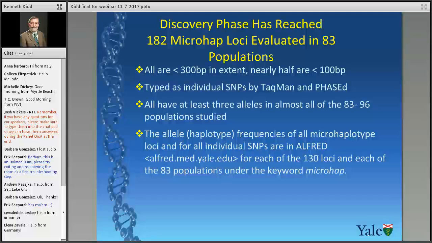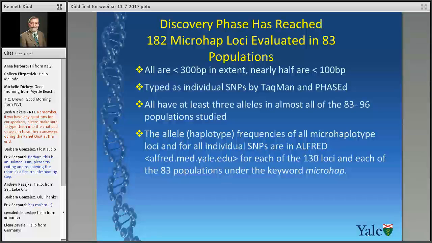We have typed them and phased them statistically, which is quite accurate at the population level and accurate with some degree of uncertainty at the individual level. At the individual genotype level, it is not sufficiently accurate for forensic use.